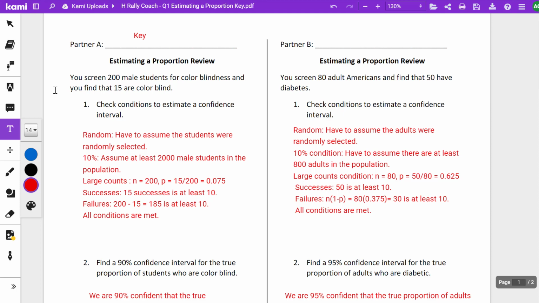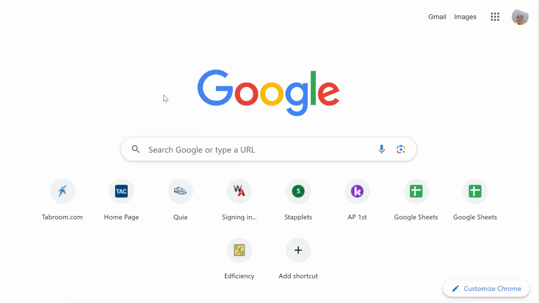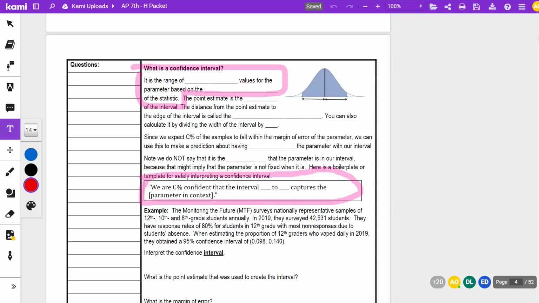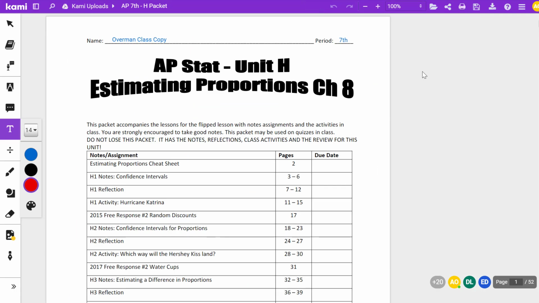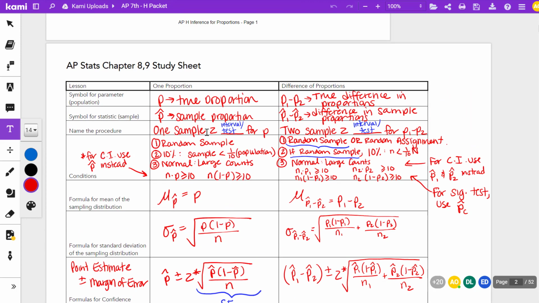Now, first of all, when you look at your unit packet, which I'm going to go ahead and open, the H packet, there we go. If you look at the very beginning on the inside, it has the conditions right here. If you're doing a proportion, we have the confidence interval here.